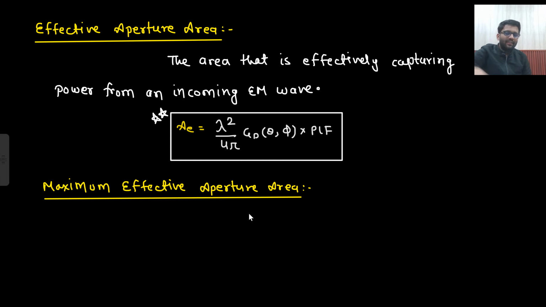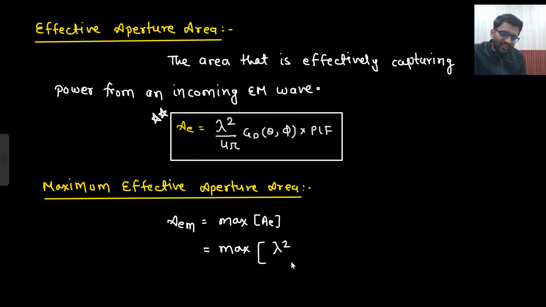Now there is another term known as maximum effective aperture area. You just need to take the maximum of effective aperture area. So what will be the maximum of this value?